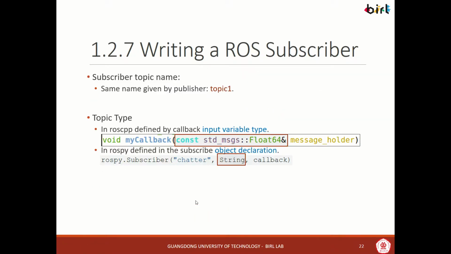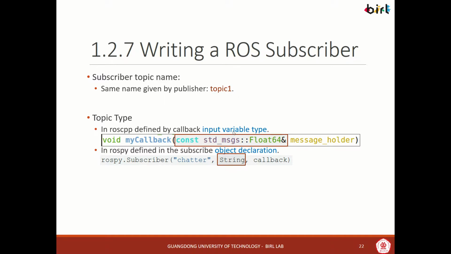Oops. So let's look a little bit more at the details. We know that earlier we created a topic called topic1. So we want to subscribe to topic1. Okay. We also want to have the right topic type. And if we're using C++, the topic type can be defined within the callback function. Where in the callback function?